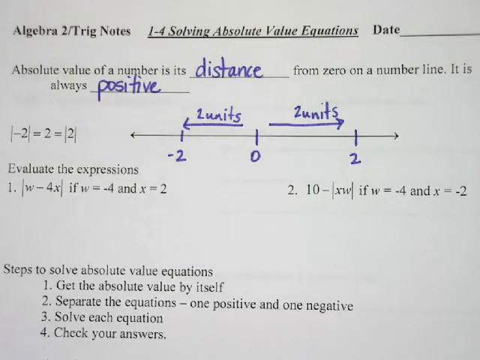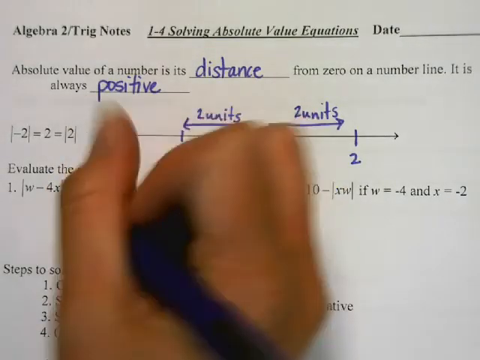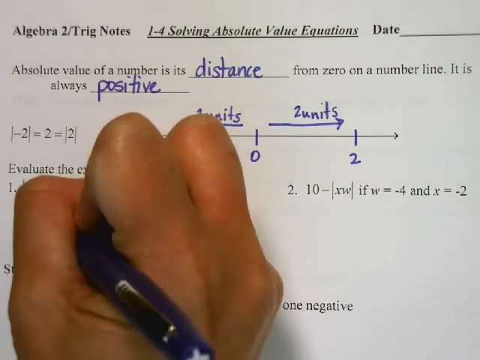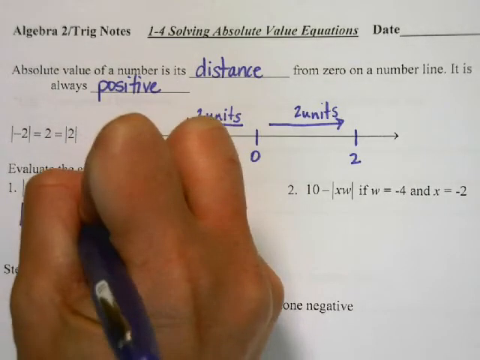All right, so number 1 there said evaluate the expression, the absolute value of w minus 4x if w is negative 4 and x is positive 2. So let's plug in what we know. Absolute value of negative 4 minus 4 times 2.